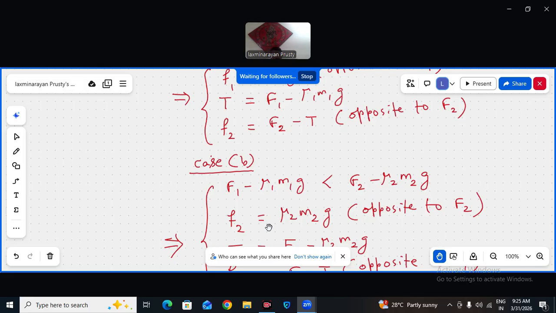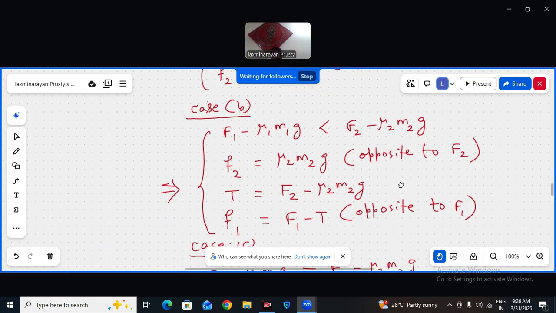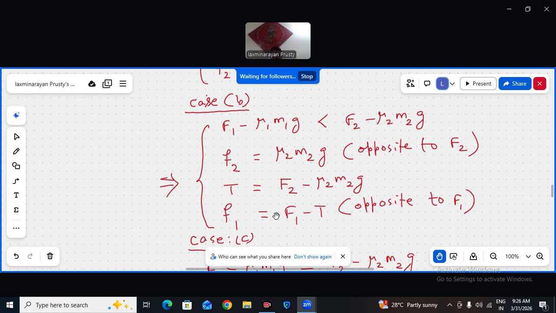So small f2 will be mu2 m2g, the friction force on block 2 reaching the maximum value, opposite to F2. Tension will be capital F2 minus mu2 m2g. Small f1 will be F1 minus T, opposite to F1.